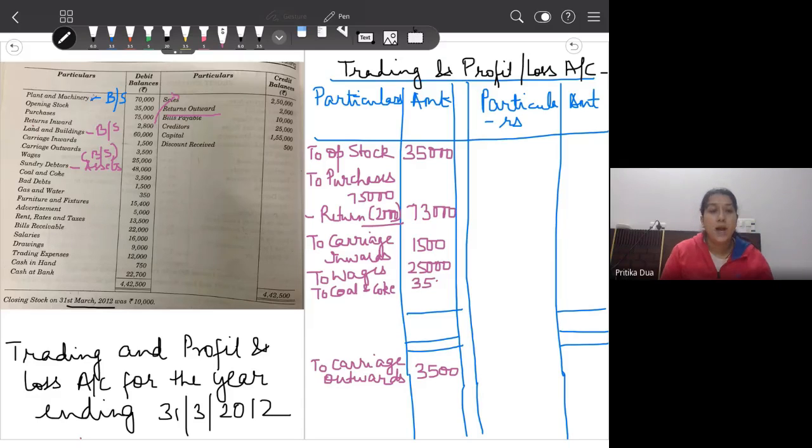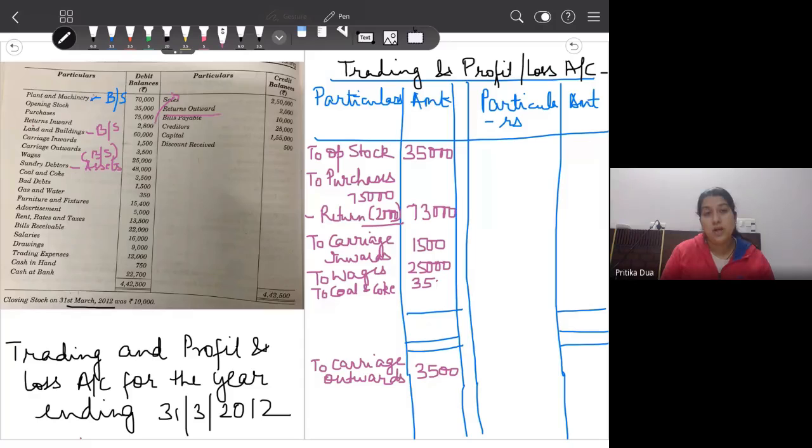Okay. After that, bad debts. Bad debts are debtors who have defaulted in payment. It is related to sales, the credit sales which you made, and the default on them will be an indirect expense for the business and hence will come on the debit side of the P&L account, amount being 1,500.